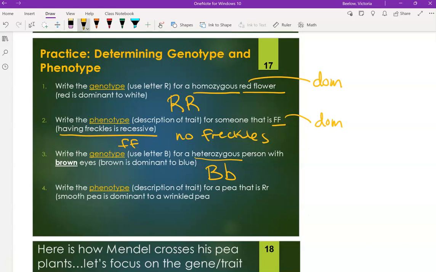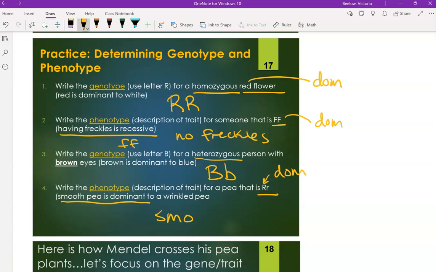All right, next it says write the phenotype, description of a trait, for a P that is capital R, lowercase r, so that is heterozygous. And it says smooth P is dominant to a wrinkled P. So if this P plant has a capital R, that means that it is showing the dominant trait, which in this case is smooth.